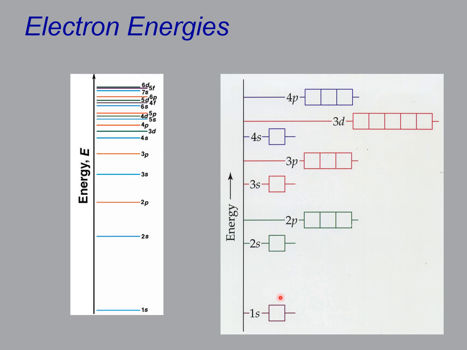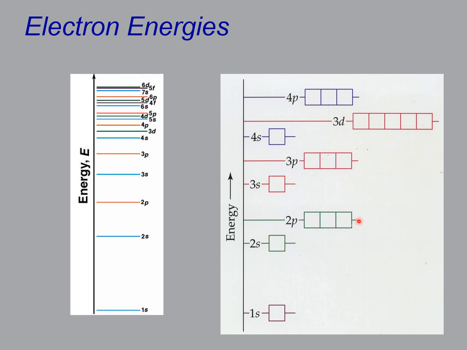s states always come in sets of 1, and that means you can have 2 electrons in each of these boxes. So you can have 2 1s electrons, 2 2s electrons, or 2 3s electrons. p subshells always come in sets of 3 states, each of which can hold 2 electrons.